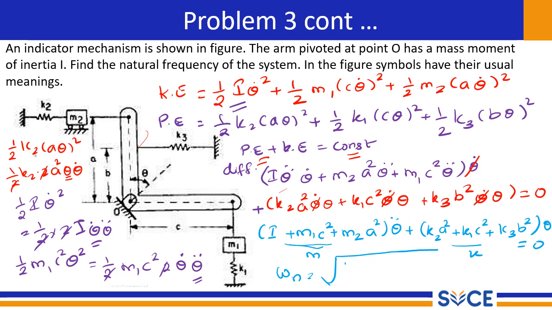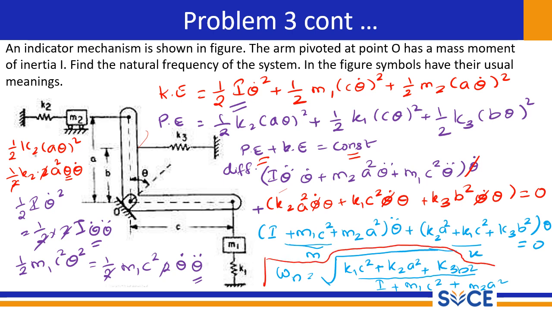I can write it as k1 c square plus k2 a square plus k3 b square divided by I plus m1 c square plus m2 a square. With this we determine the natural frequency; this is the natural frequency formula, k divided by m.